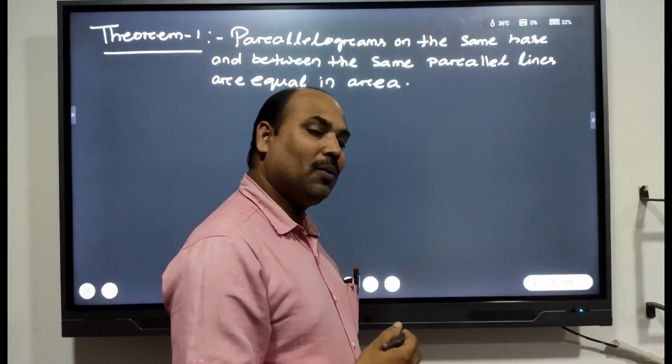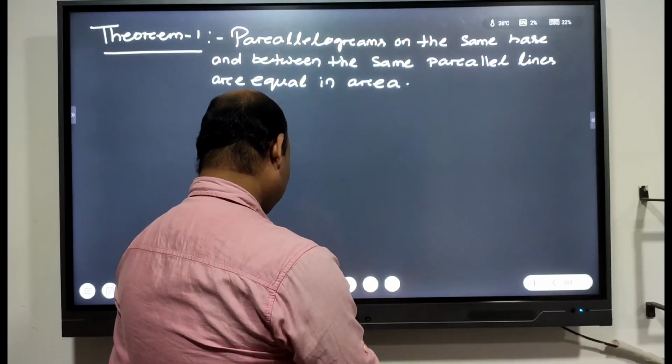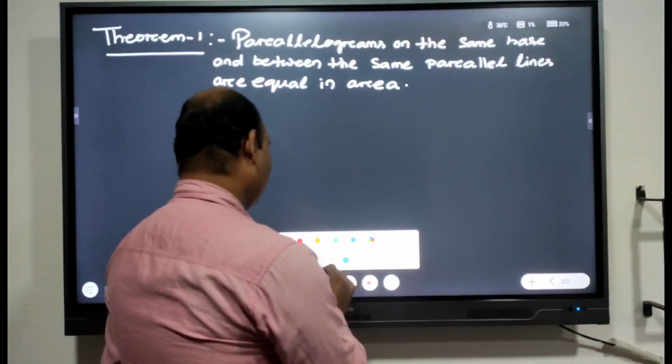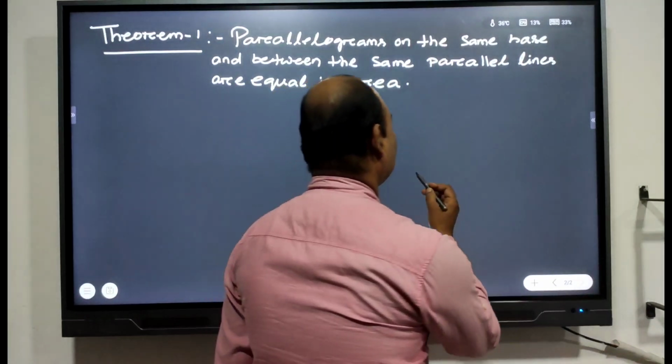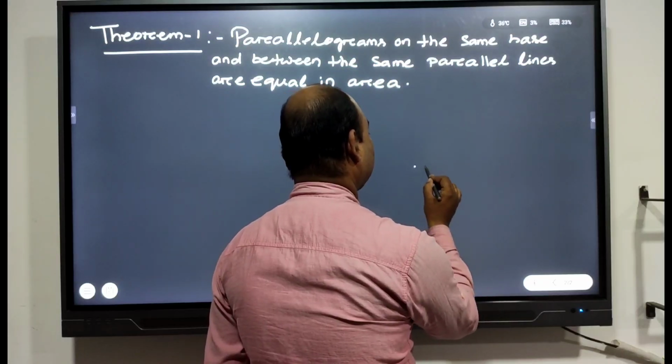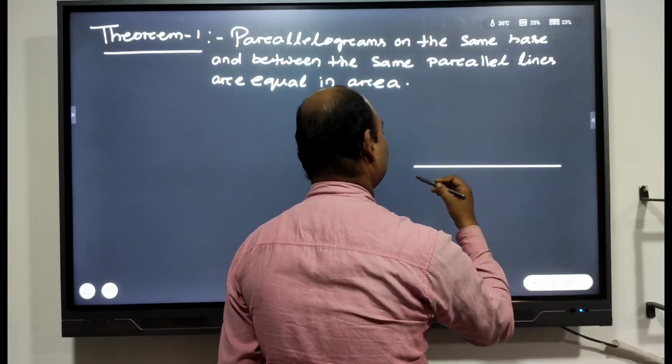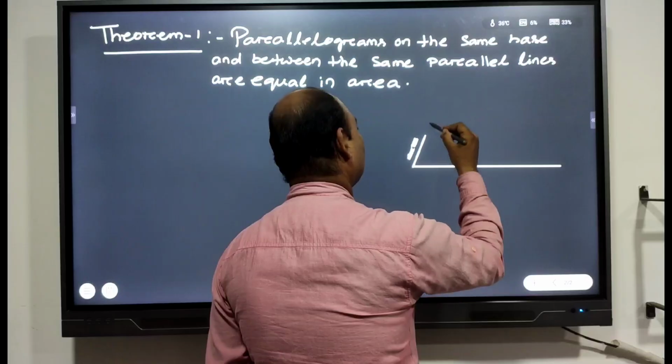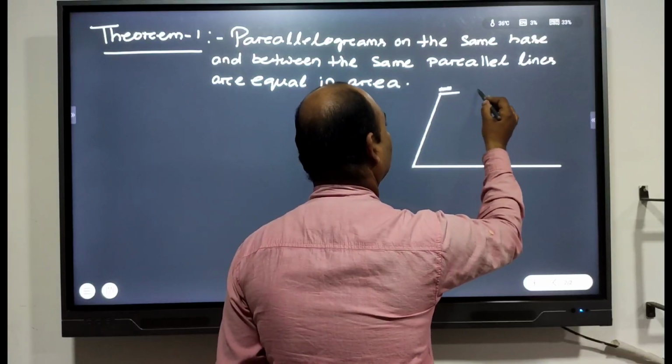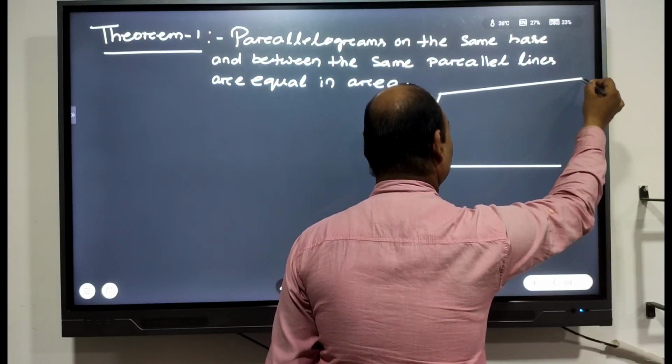For that, first we have to draw the figure. First we have to draw the parallelogram. It is a parallelogram, already known.